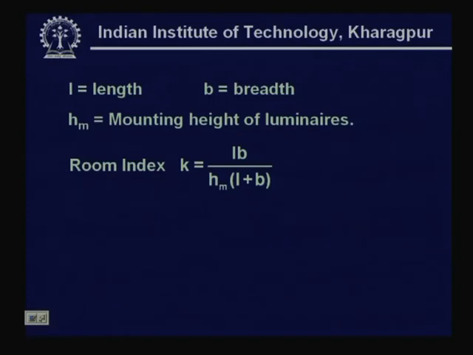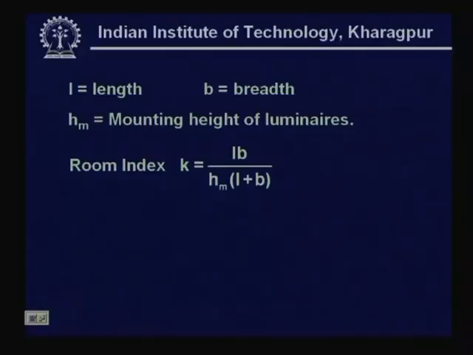Now, how does one choose the mounting height? Recall that the illuminance right below a point source of lamp is proportional to 1 over the height squared. Keep that in mind. That tells us the suggested or possible mounting height.